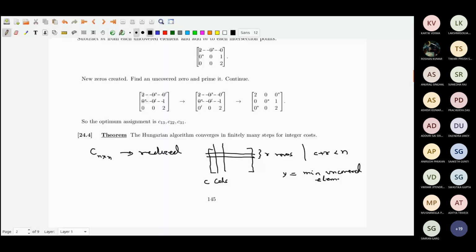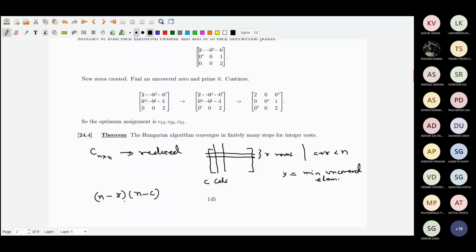What does that mean? That means for the new matrix, how much did I reduce? Now I reduced by y on the uncovered part. How many uncovered positions are there? With R rows and C columns covered, that is n minus r into n minus c, and from each of them I have decreased by y.